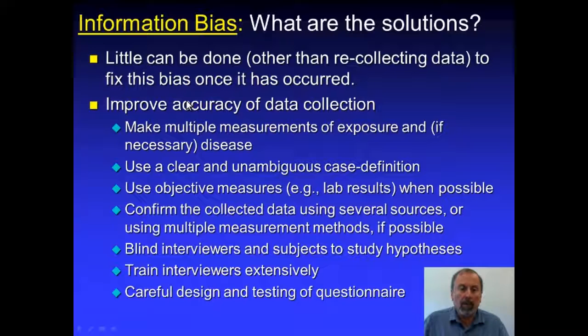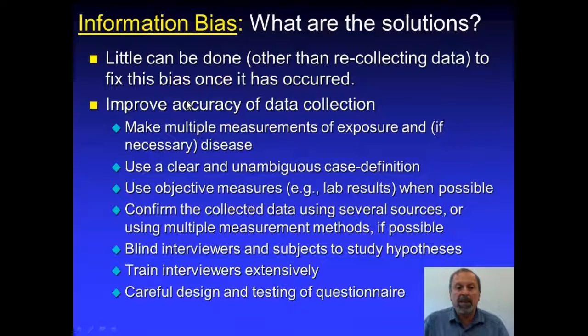So what are the solutions, generally speaking, to information bias? It's a bit like selection bias. There's not much that can be done once you've collected the data in this case, and so you're stuck with it. That's why you try and design your study, set up study procedures so that it doesn't occur. You try and minimize it right from the outset, because there's nothing you can do to adjust the results to try and compensate for it.